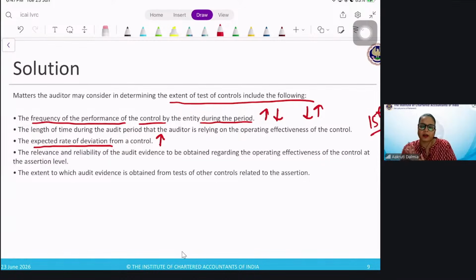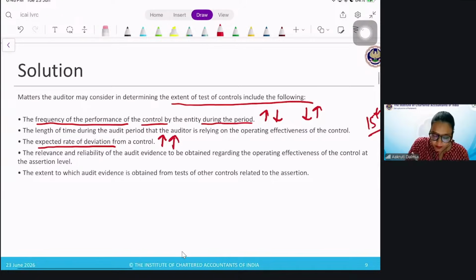Anyone else? If your expectation is that you will find a lot of deviations in the control system, will you have to check more or less? More checking. Very good, Krish. Yes, so if expected rate of deviation in a control is more, I have to do more checking. If expected rate of deviation is less, I have to do less checking. Okay.